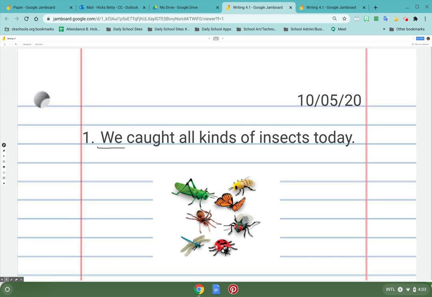The action is caught. So that is our verb. We caught. Now, the rest of the sentence that makes it make sense and gives it details, starting with a verb, all the rest is your predicate. So your predicate goes now all the way down like that.